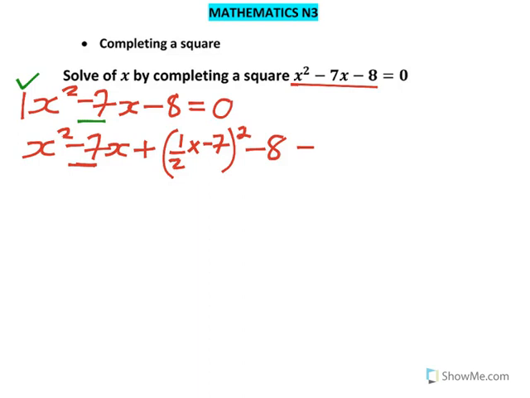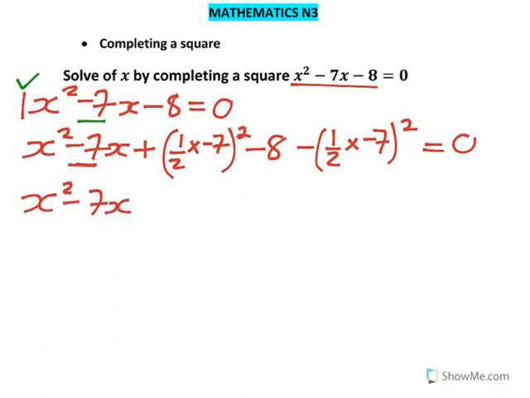I can also subtract it as half times minus 7 squared. This is equal to 0. When I simplify it, I will have x squared minus 7x. Because 2 and 7 don't divide without leaving a remainder, I'll just say plus minus 7 over 2 squared. You can leave it like that.